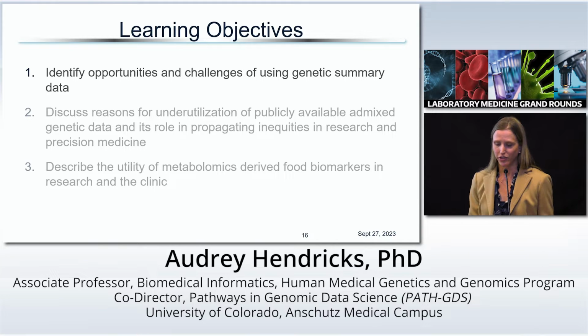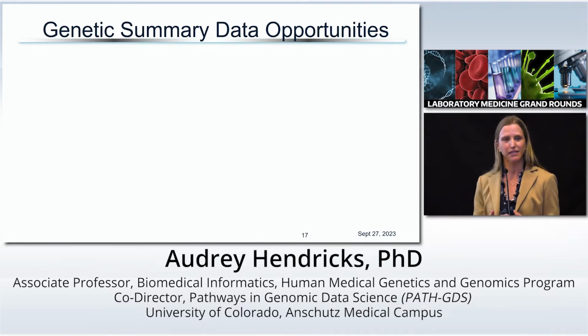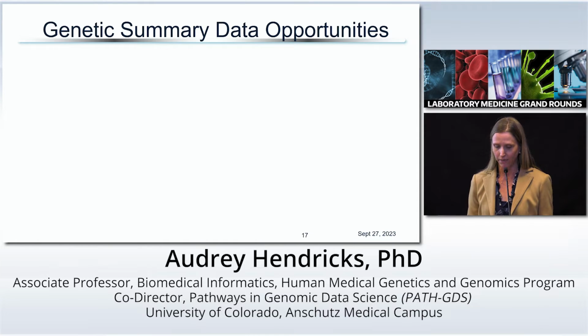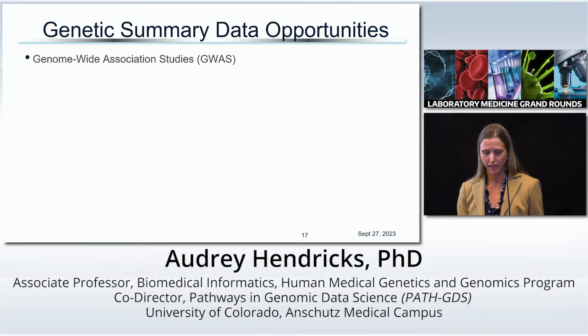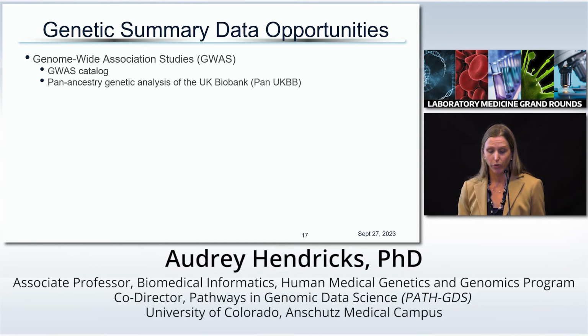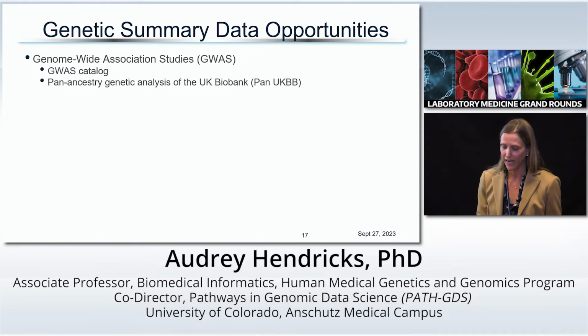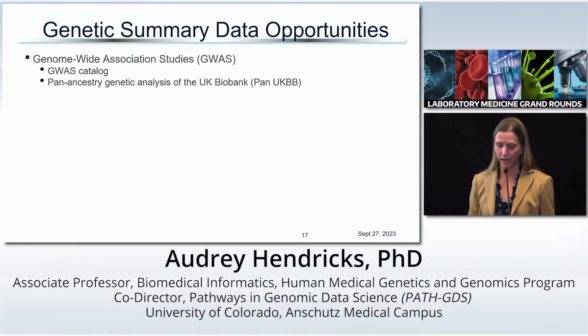However, there's both opportunities and challenges. All of this data that I just presented is available as summary level data. And so we have genome-wide association study data available on the internet right now. We can go and download it, no firewall, no privacy protections. There through the GWAS Catalog, through things like the Pan-Ancestry genetic analysis of the UK Biobank.